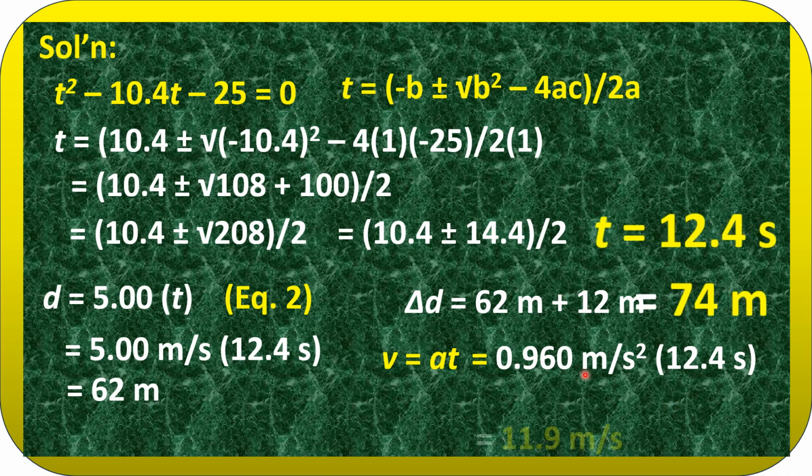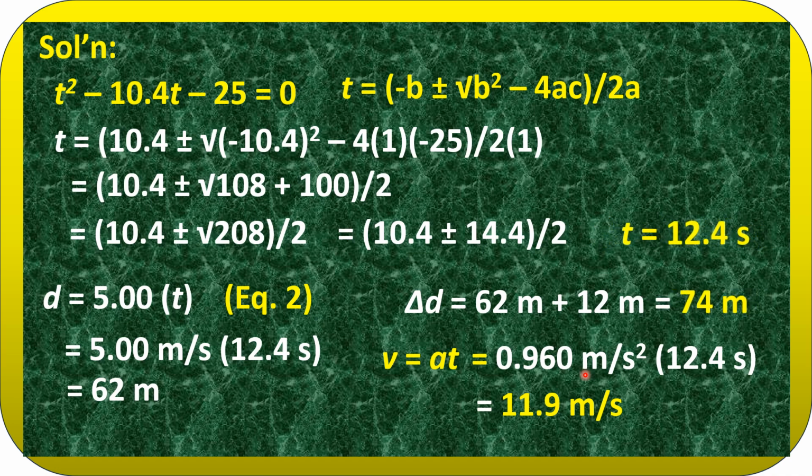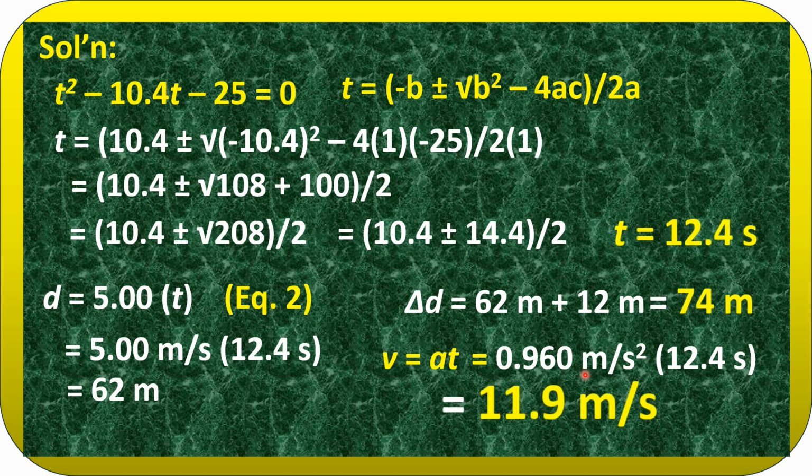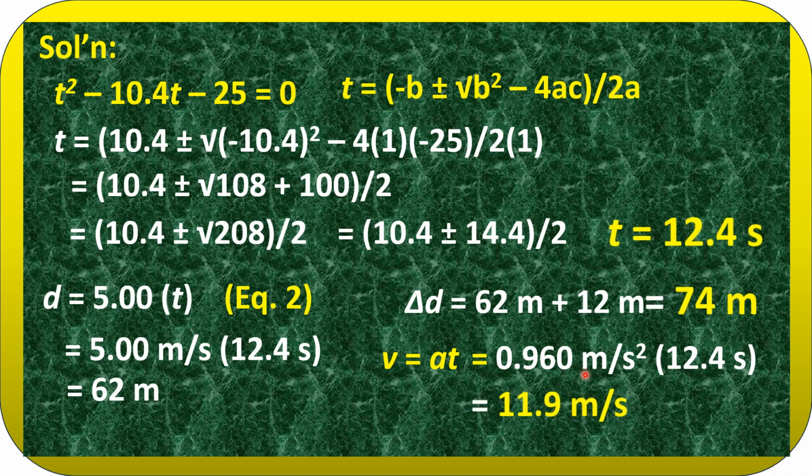And we will get the value for your maximum speed equal to 11.9 meters per second. So that is your maximum speed when you overtake the bus.